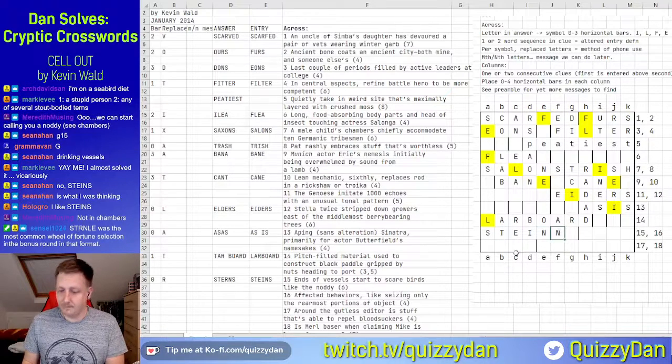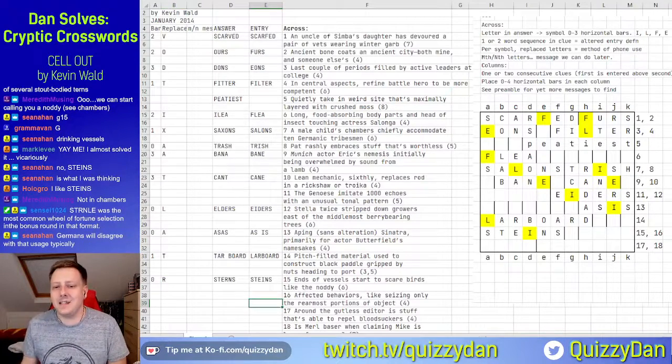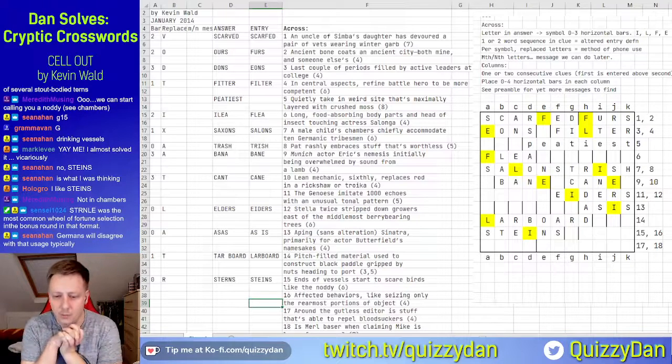Come on. And so it is the I that gets replaced. Next up, 16. Affected behaviours like seizing only the rearmost portions of object. An object is a thing or a unit.